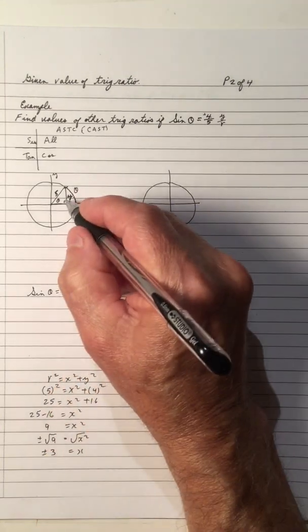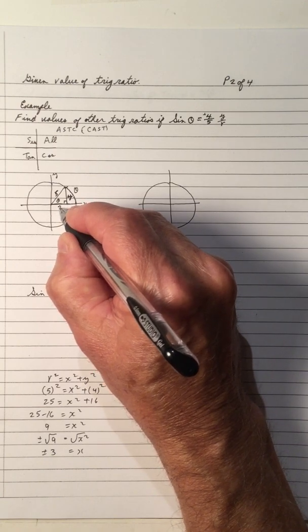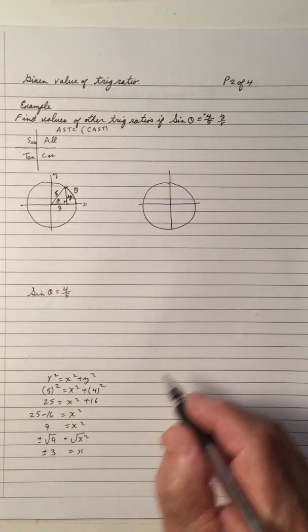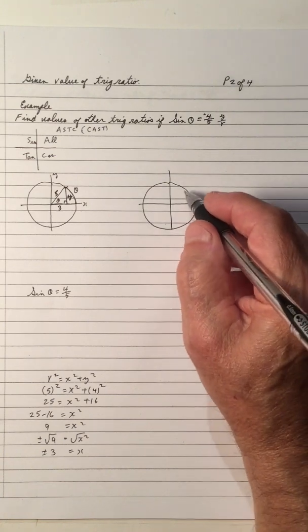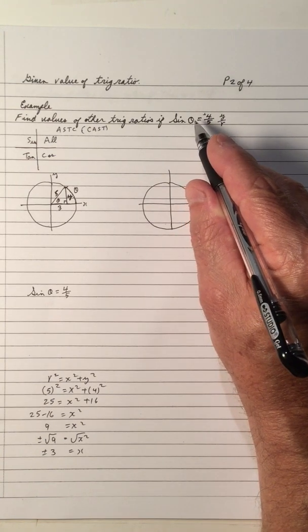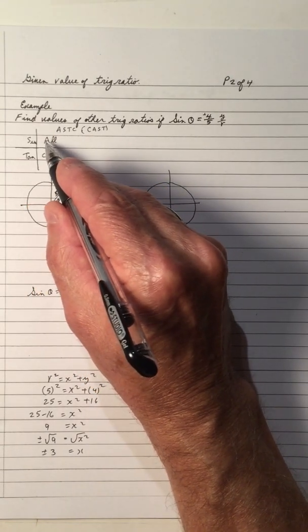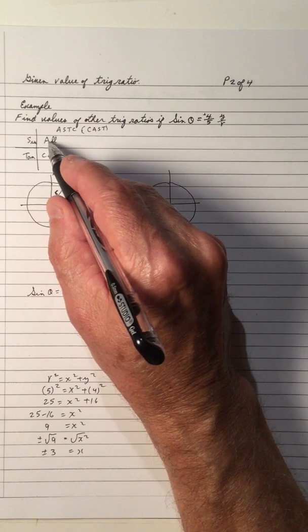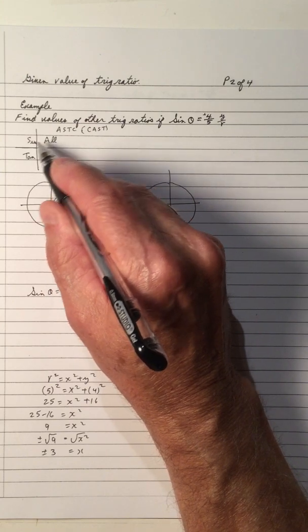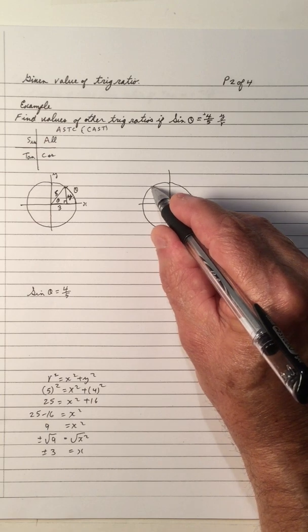So we're in this quadrant, and notice that the x is 3 here. X is positive. And let's look at where sine is also positive, in the second quadrant, because add sugar to coffee: sine is positive in 1 and 2. So let's draw the terminal arm in quadrant 2.